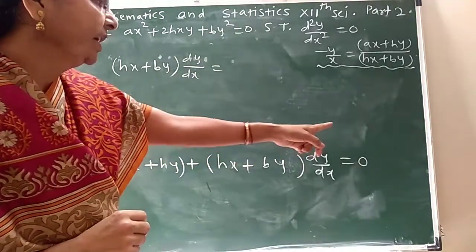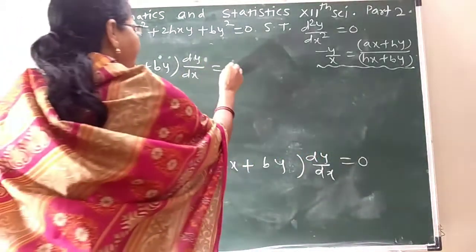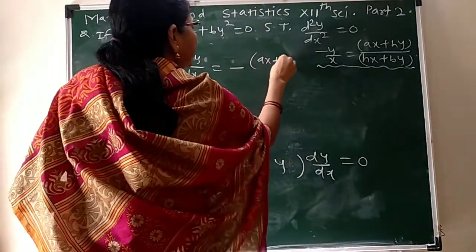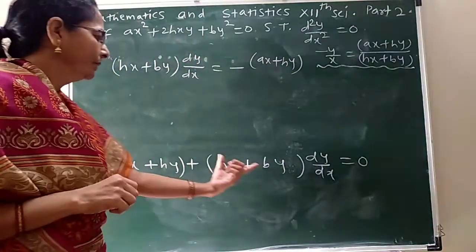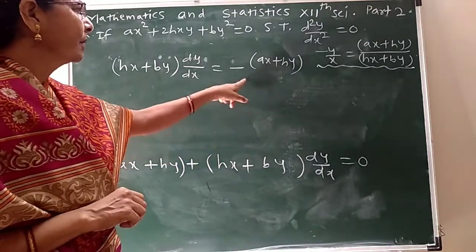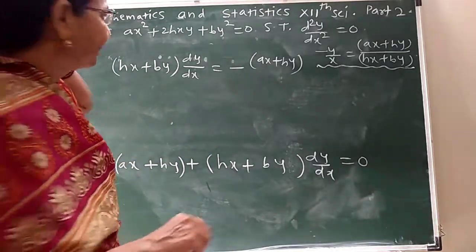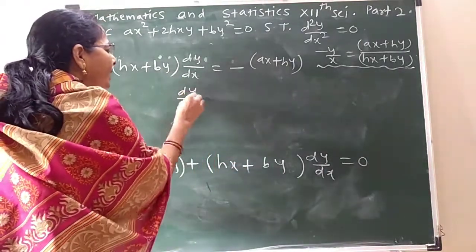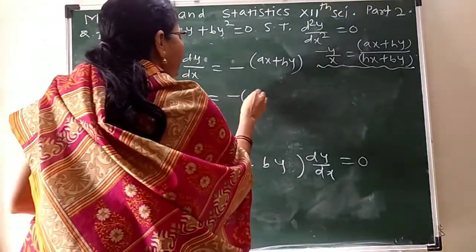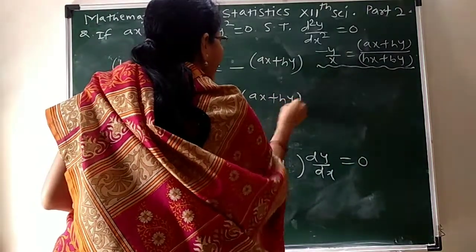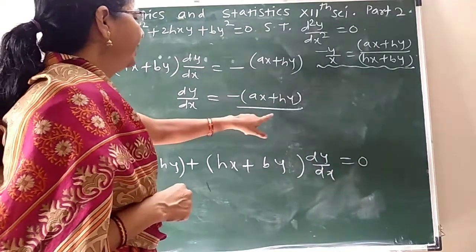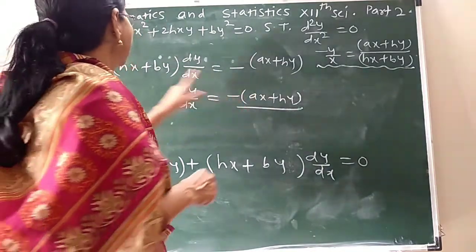This term to that side becomes minus ax plus hy. Therefore dy by dx is equal to minus ax plus hy. This term to this side goes to the denominator, hx plus by.